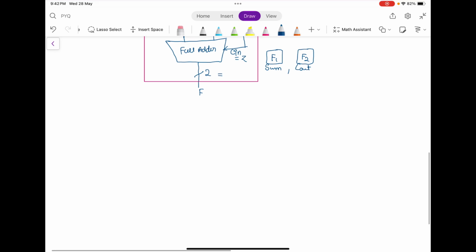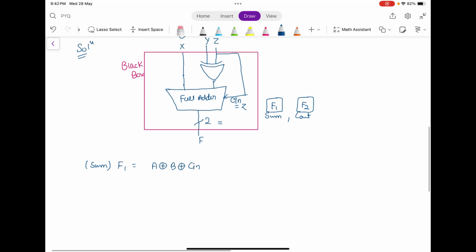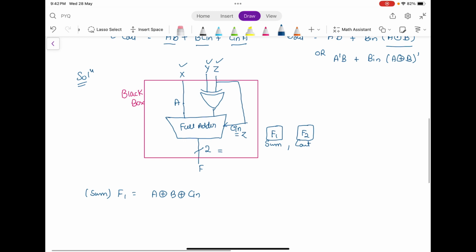So first, now start writing the expression for the full adder sum. F1 is A XOR B XOR C in. So this is A, B and C in.